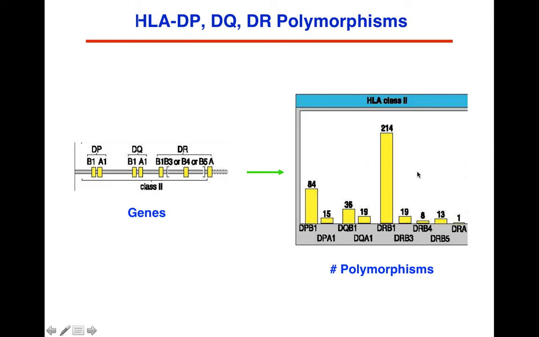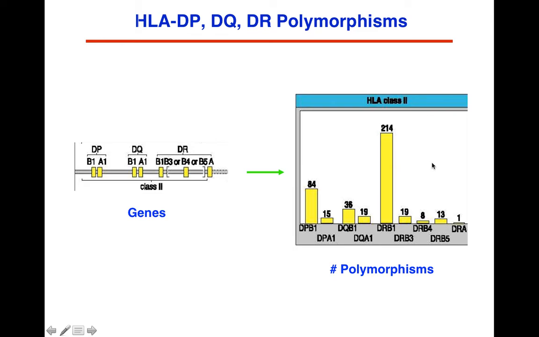This DRB1 is where you see a lot of diversity, and for the DP, you see it in the beta 1. So there's a lot more diversity in the betas than there is in the alphas. It's not clear why that's the case, but you can see there's diversity across the board and a lot of diversity in the betas.